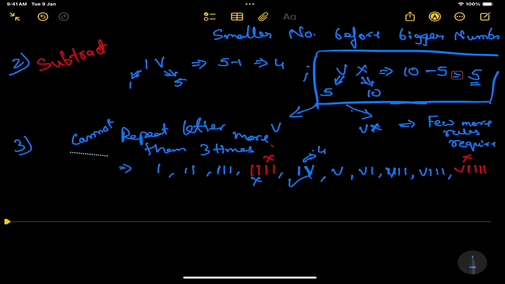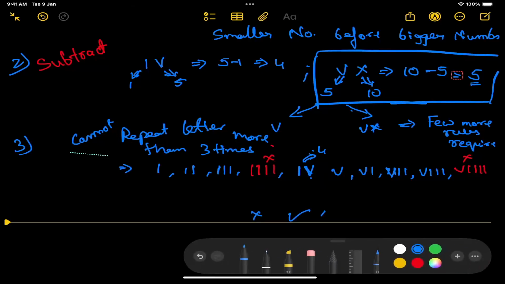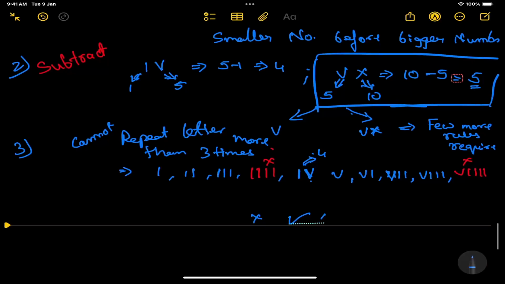The other way is you go by 10 and one number prior to it. This means 10, this is 1, so 10 minus 1 is 9. So this becomes the correct way to write 9. Next you move to 10, then you move to 11, then you move to 12, and so on.